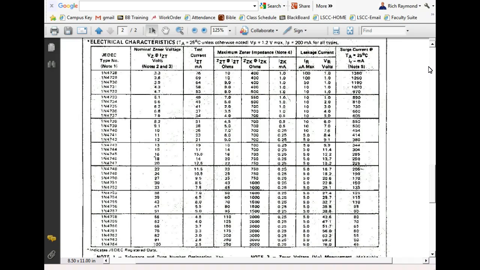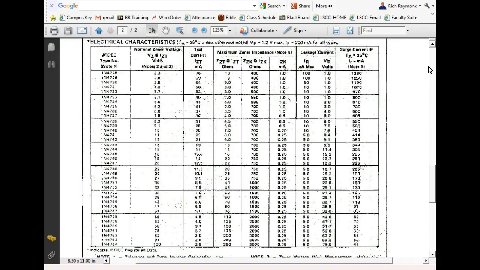So this guy here could, if we surge for maximum surge current for, I can't see the milliamps, but it's got a note down there. Surge current on this thing could actually go up to 1.3 amps. But that wouldn't be for very long, right? So we're not going to use this. This gives us the leakage current, which is no concern for us right now.